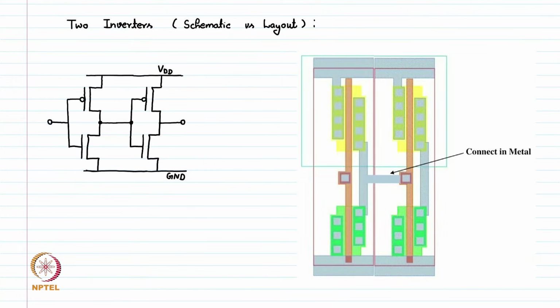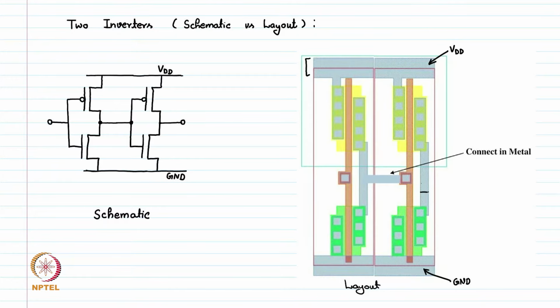So this is the typical layout of this inverter chain. This is the schematic, and this is the layout. As we can see, these are the VDD supply rails, and this is the GND supply rail, and we can see these are quite thick compared to the metal we use.